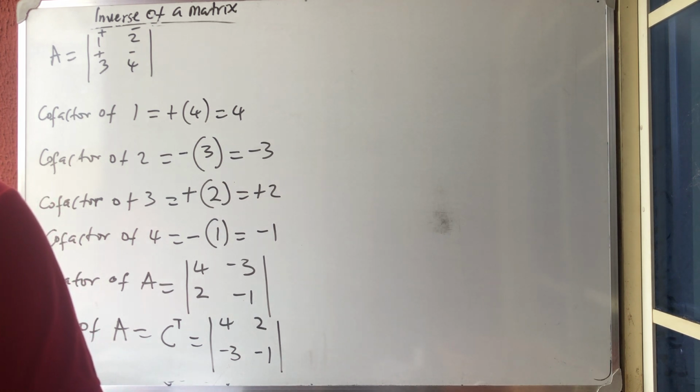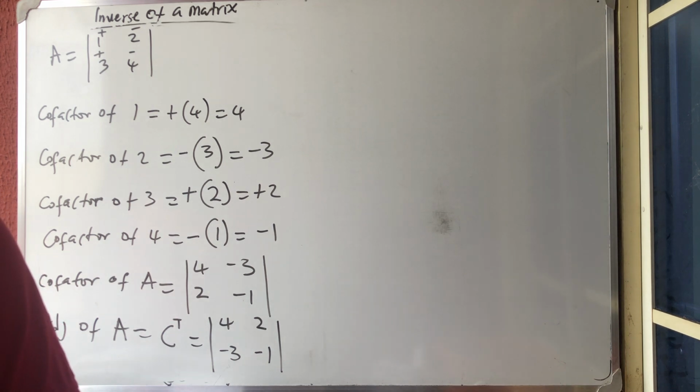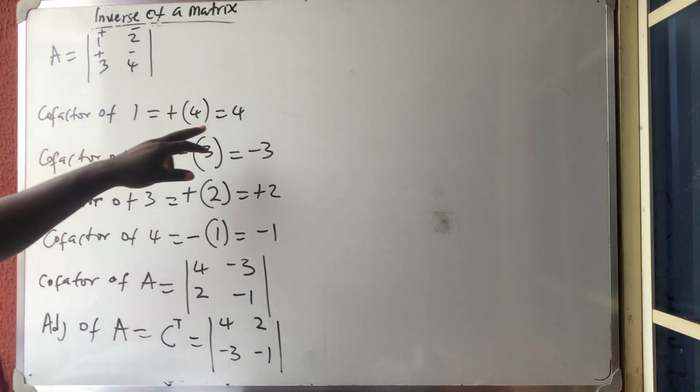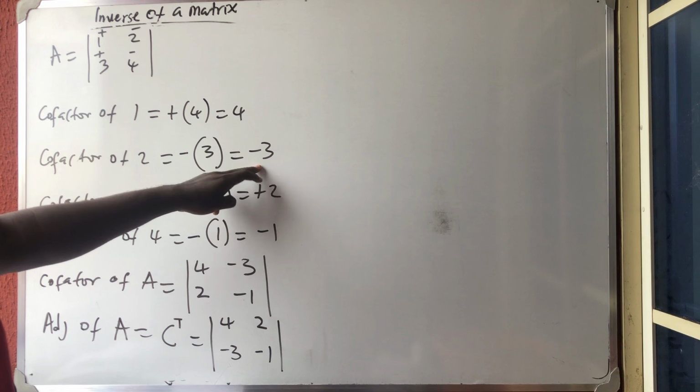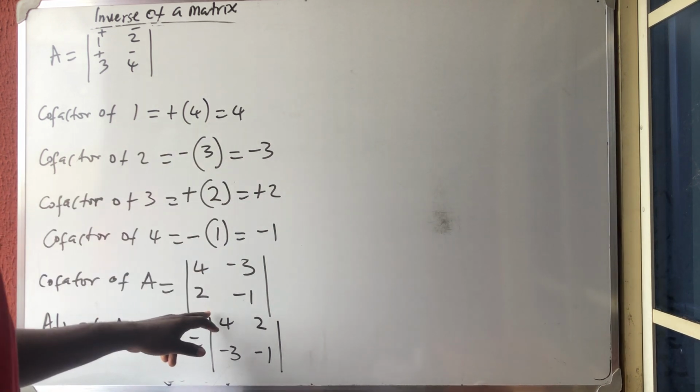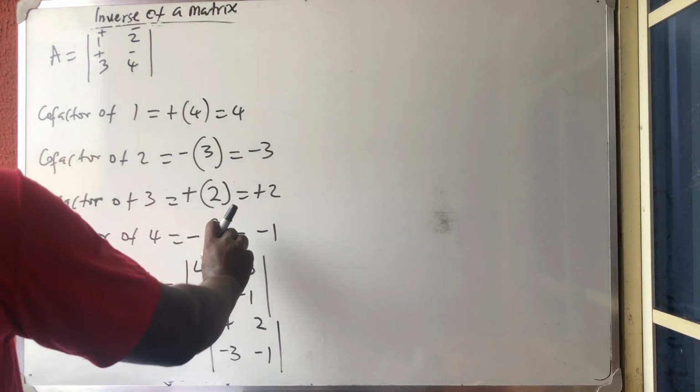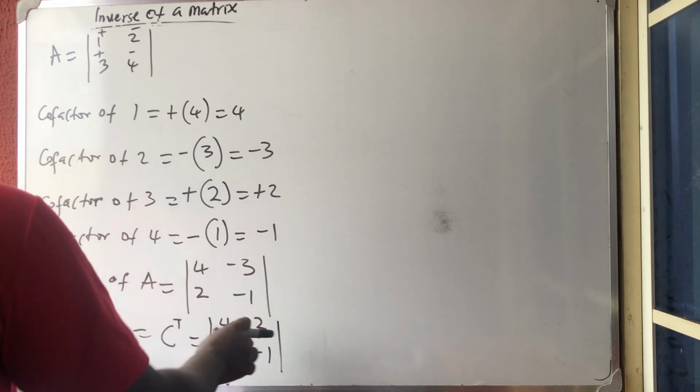Obtain the adjoint of this. So cofactor of A is 1. Cofactor of 10 is minus 4. Yes. I hope there is no mistake. 4, minus 3, 2, minus 1. So carry this one, stand it. Carry this one, stand it.